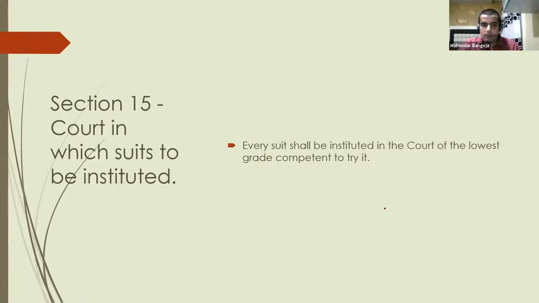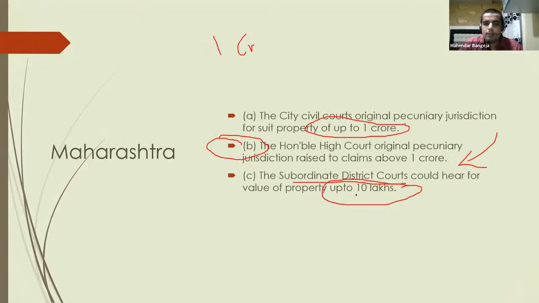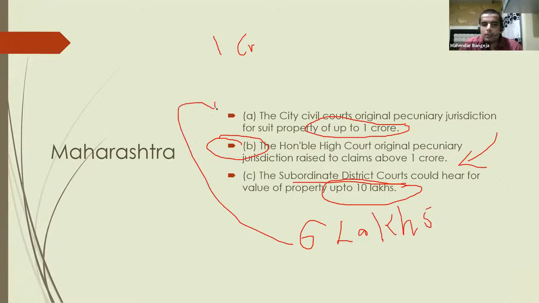Now this is where we will understand section 15. Section 15 बोलता है कि every suit shall be instituted in the court of lowest grade. इसका मतलब क्या हुआ? इसका मतलब ये हुआ कि see, for example, in case of Maharashtra, suppose मेरा subject matter है 6 lakhs का. 6 lakh का subject matter है, even city civil has the jurisdiction, क्योंकि 1 crore तक तो वो try कर ही सकता है ना. तो 6 lakh को तो try कर ही सकता है.